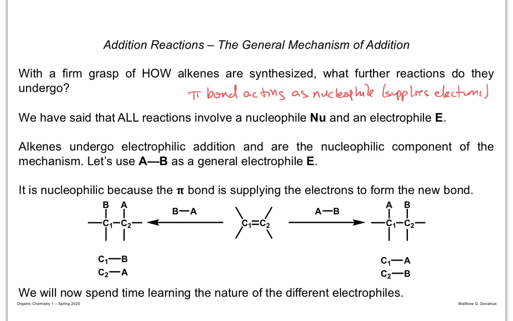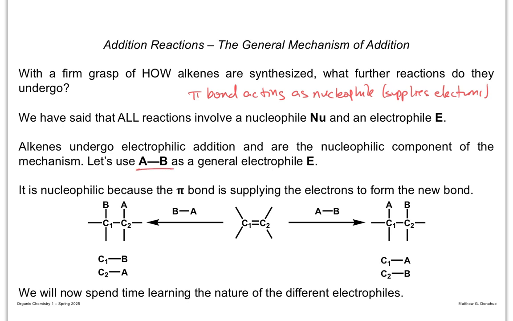So outside of an acid-base reaction, remember that's a proton transfer, every other reaction, you're going to classify a nucleophile, which is supplying electrons, reacting with an electrophile, which is accepting them. So now that we've formed the alkene, what can we do with it? We can add it to a variety of electrophiles. And so for the electrophiles, they're going to be of this form.